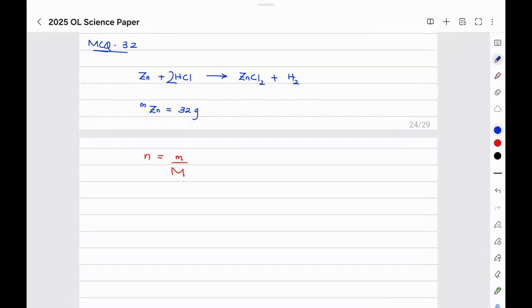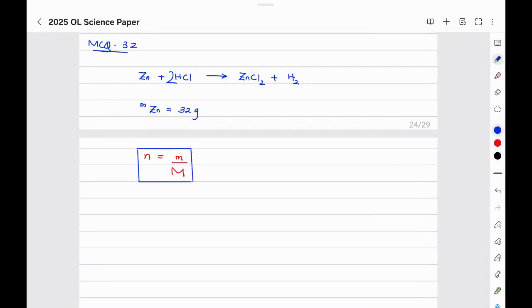In grade 10, we learn this kind of equation. Can you remember that? Under the quantification of elements and compounds, right? Simple n equals simple m over capital M.